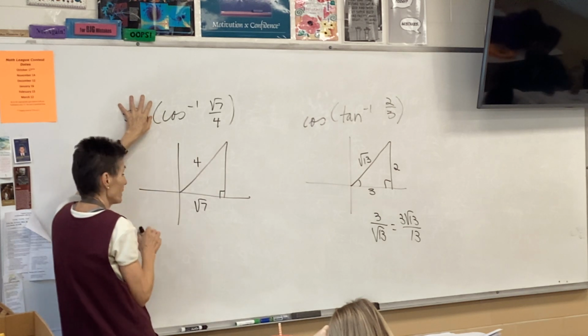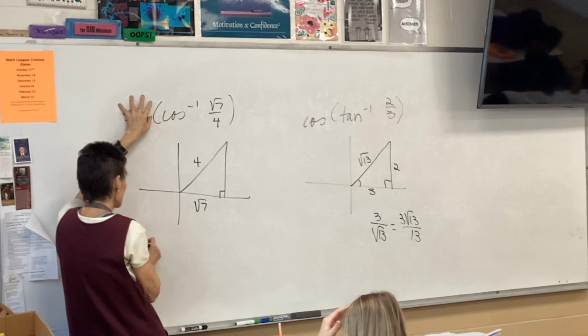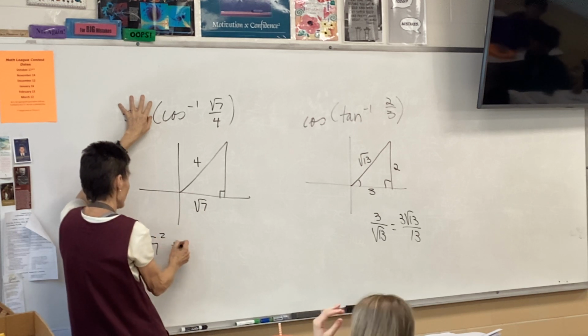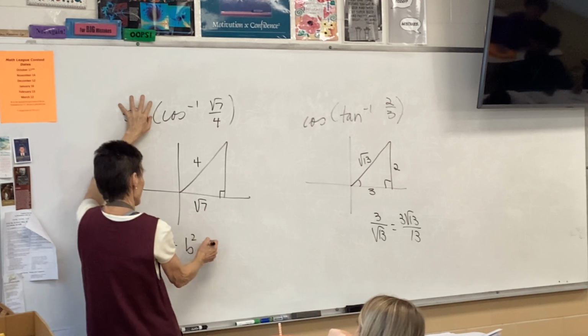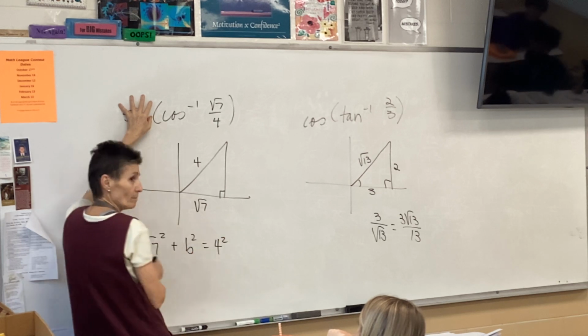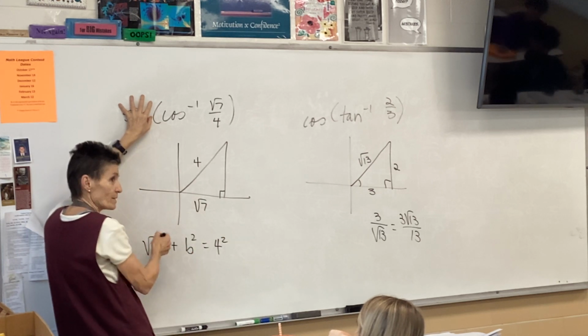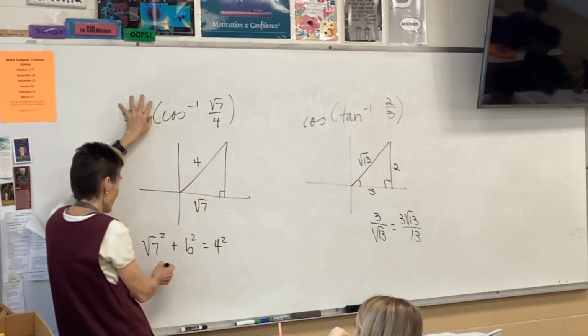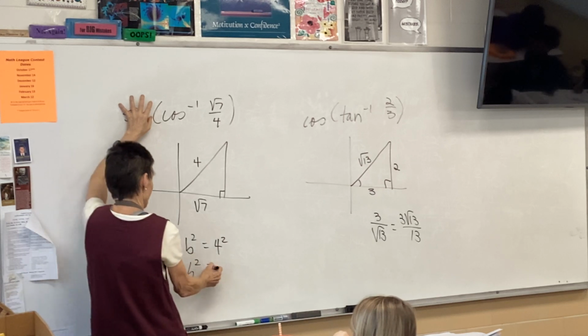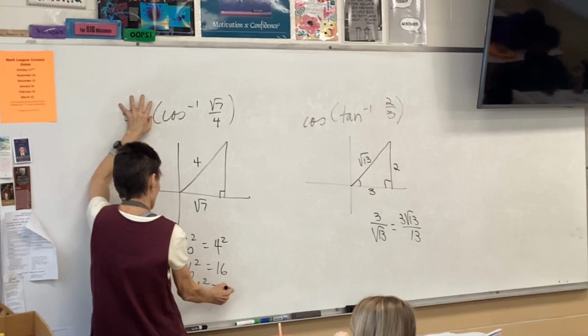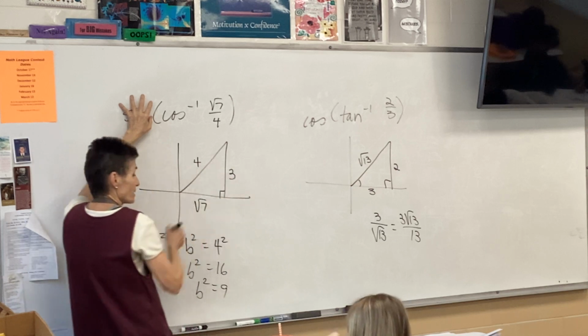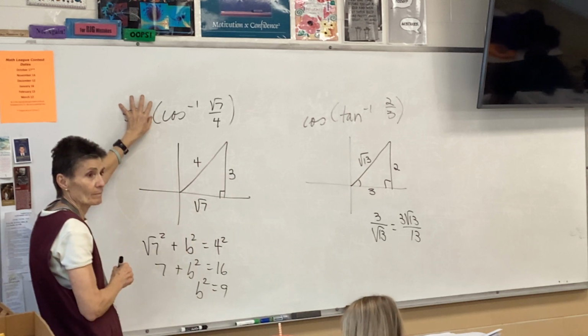It's all gonna be fine, because the Pythagorean theorem says root 7 squared plus b squared equals 4 squared. And what's root 7 squared? 7. So it looks like b is 3.